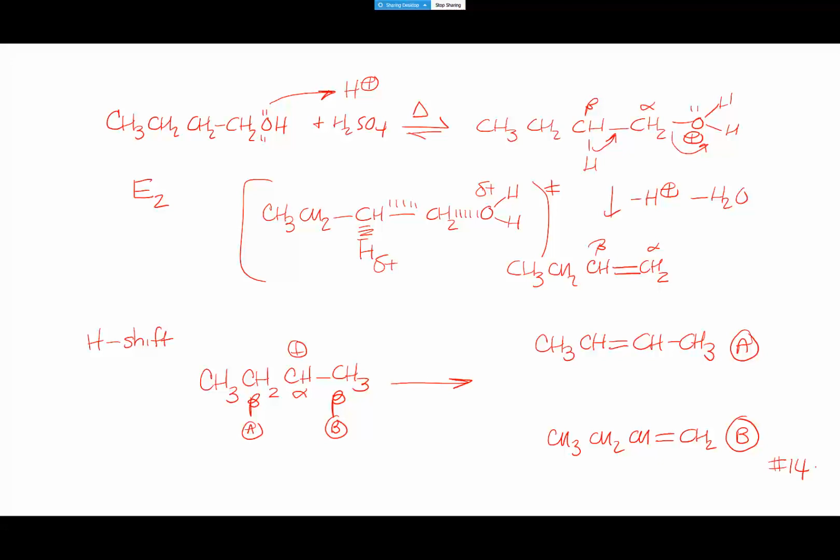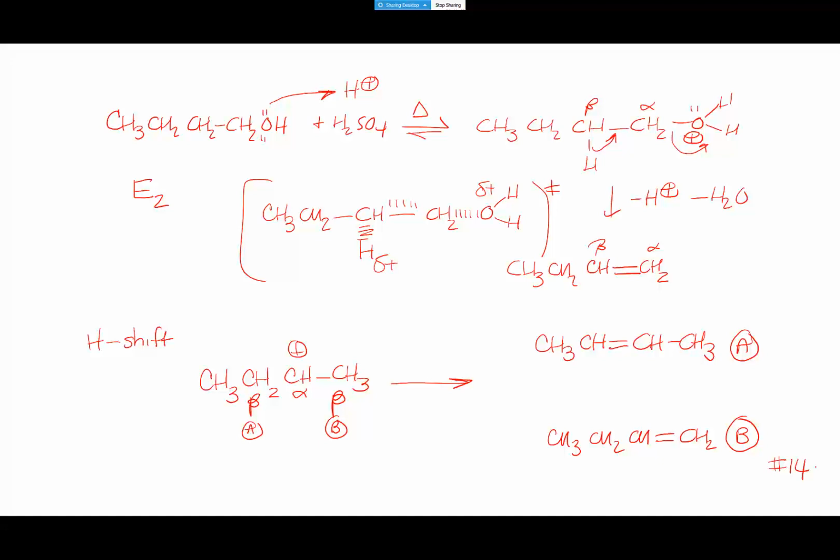Did we form a more stable carbocation? Well, primary versus secondary, yes. So we could have that happen. And this is one of these situations where I would have to tell you to shift it. And so the beta hydrogen would have shifted over.